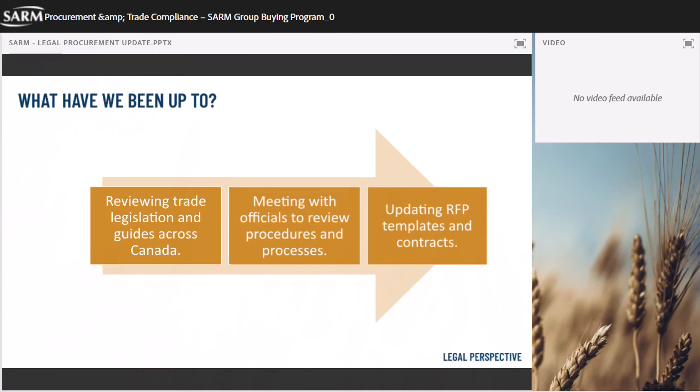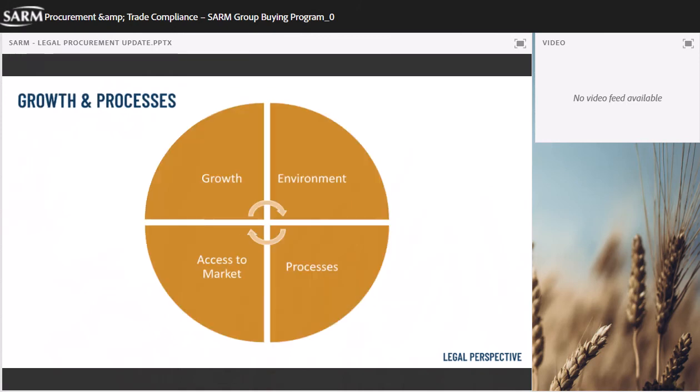As we continue to grow, we continue to update our templates to accommodate that as well. If you're looking at our agreements or our templates, they are definitely more onerous, but we think that's necessary to remove ambiguity and stay in line with the rules of municipal procurement.